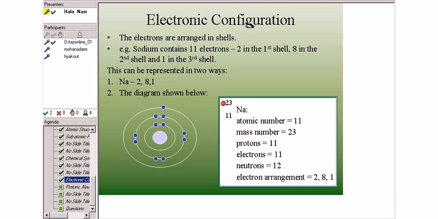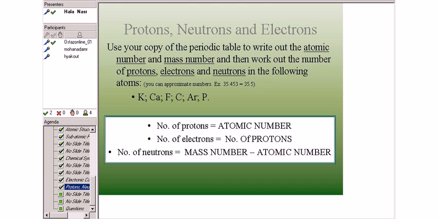So, if we calculate, the number of protons and the number of neutrons together, 11 plus 12 is 23. This represents the mass number. And this is what we said before, that the mass of an atom is at the center, at the nucleus, because it contains the protons and the neutrons together.